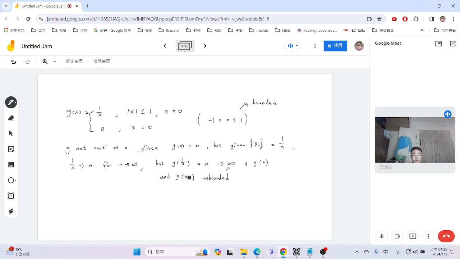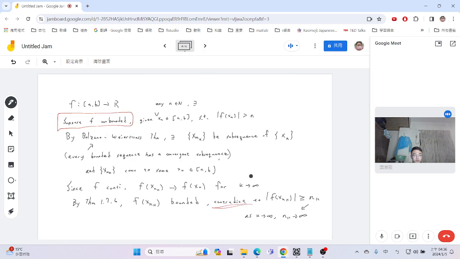When n goes to infinity, xn goes to 0, but g of xn equals n goes to infinity, not equal to g of 0. Therefore, g is discontinuous at x equals 0, and g of xn goes to infinity, which shows that the function is unbounded.